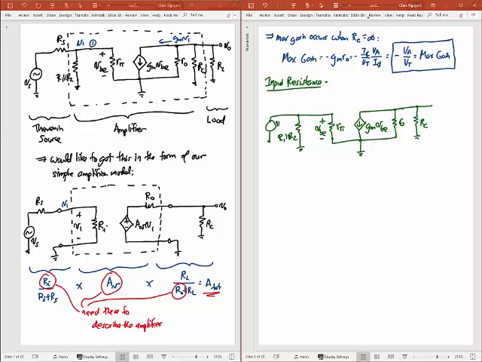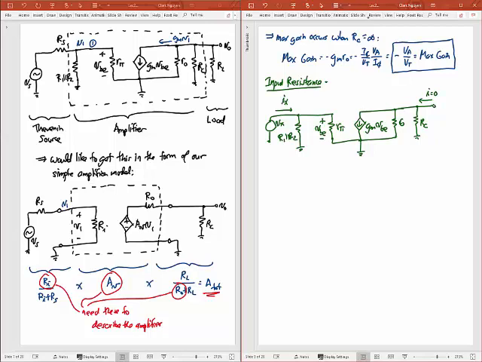I'll call my test voltage Vx, and I want to measure my test current Ix in order to get this input resistance. So see, it's exactly the same procedure that you were using to get the input resistance of op-amp circuits. Nothing's changing there. We open circuit the output like we do in all cases, right? So that makes this current equal to 0 coming there.